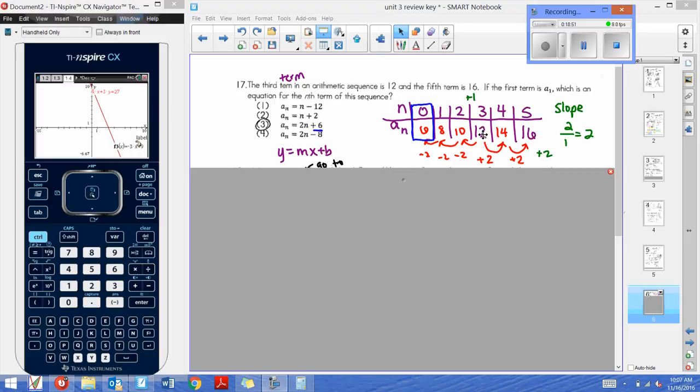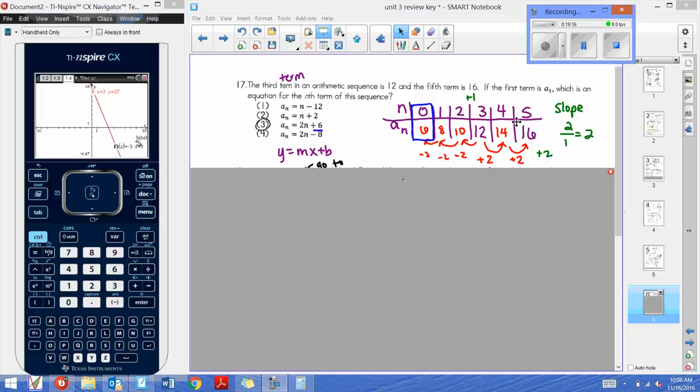Let's work backwards in the table. And again, why did I get that y-intercept? Well, look at all of my equations over here. They're in y equals mx plus b form. I already know my slope is 2 over 1 because look, we're adding 2 in the y's as we're adding 1 in the x's, so 2 over 1 is 2. 1 and 2 would be out because of that. Look at the slope in front of my n's, not 2.